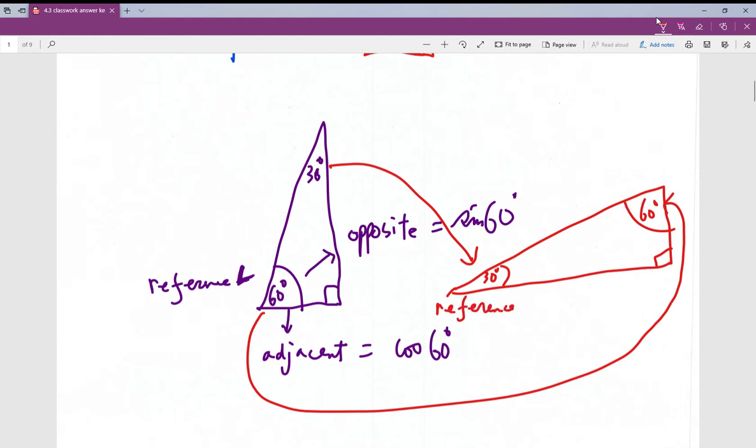If the reference angle is 30 degrees, then the opposite happens to be adjacent to 60.